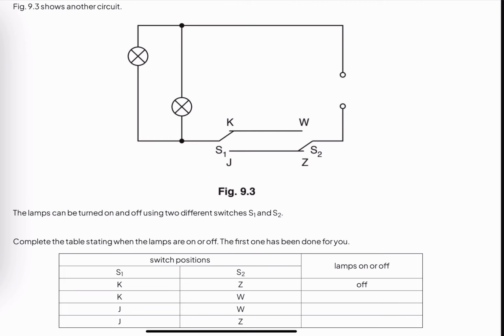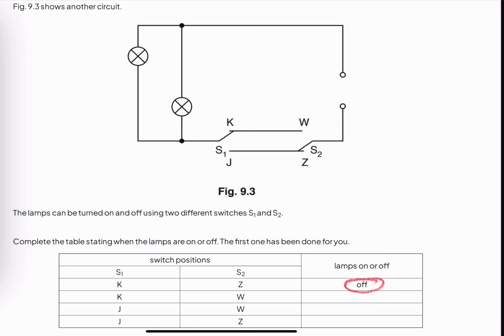So let's suppose in the given scenario, if the current starts from this point, it will come here and go there and there is no path to flow. Okay, so this will be off, that is given. So we have to apply the same rule. Let's do it for the other scenarios.